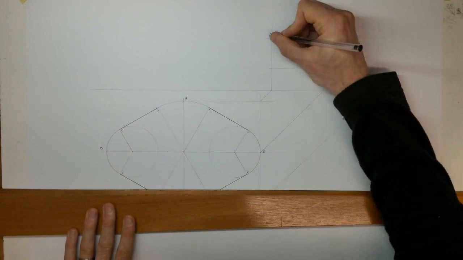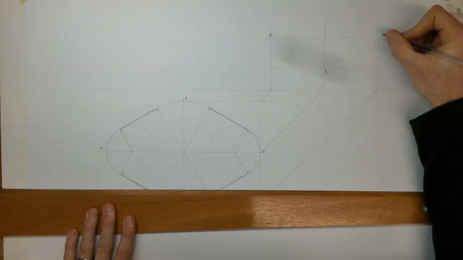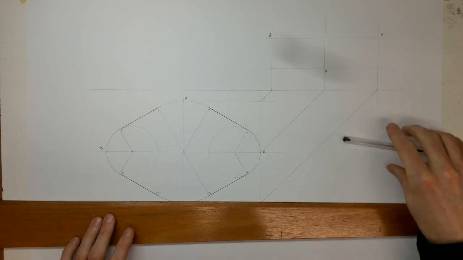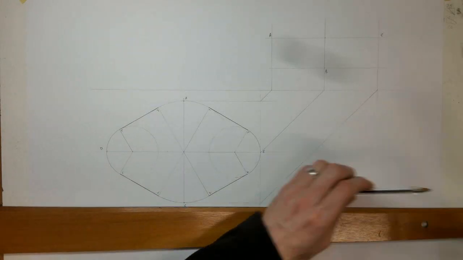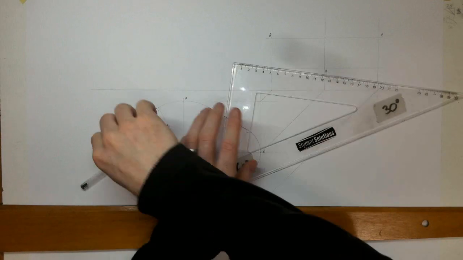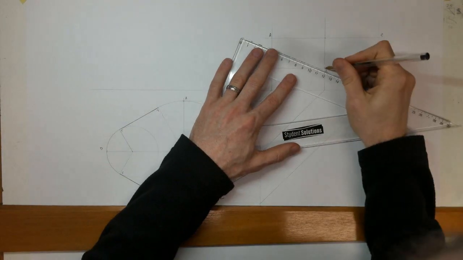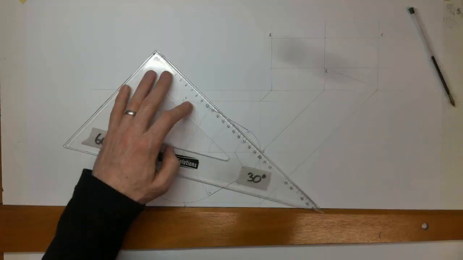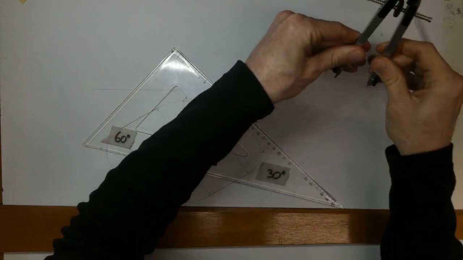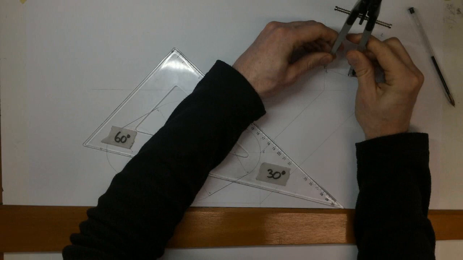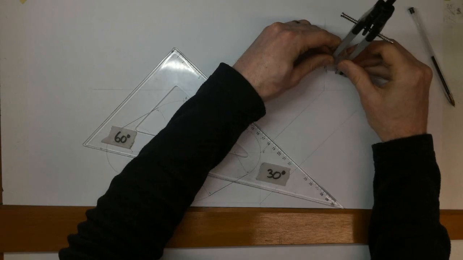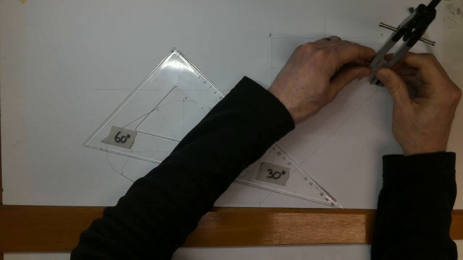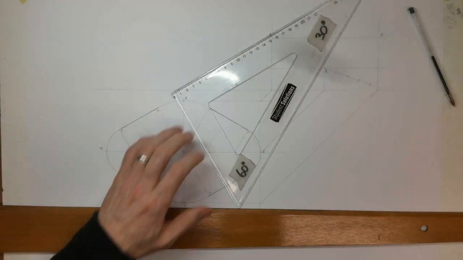So A, B, C. So let's draw our parabola now. So a line at any angle, start off, go 4 equal distances. So 1, 2, 3, 4. Join that back.